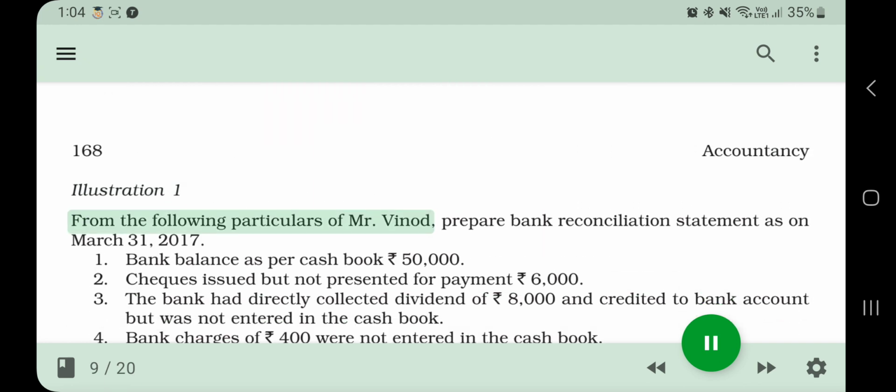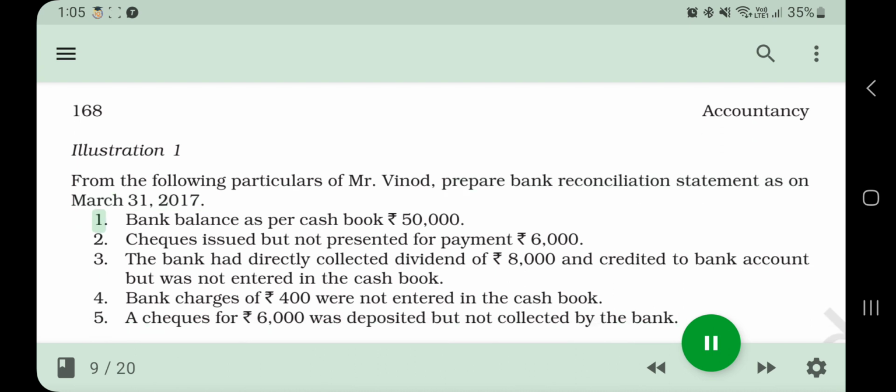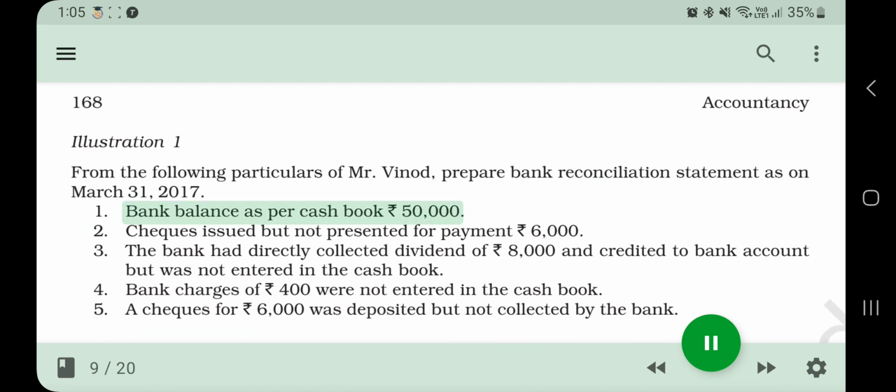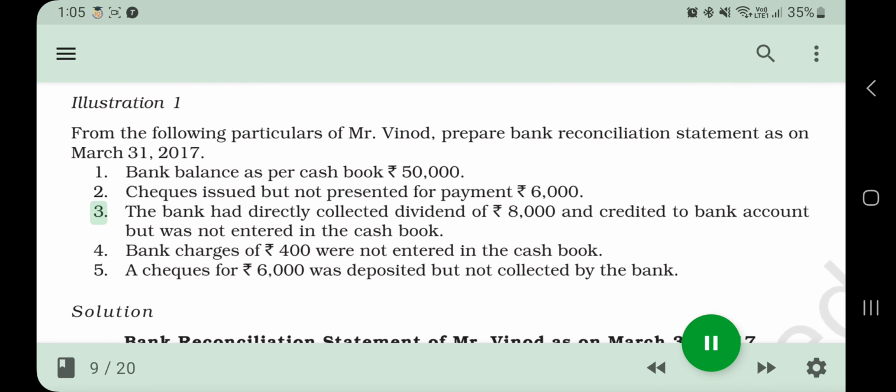Illustration 1. From the following particulars of Mr. Vinod, prepare bank reconciliation statement as on March 31, 2017. 1. Bank balance as per cash book = 50,000. 2. Checks issued but not presented for payment = 6,000. 3.